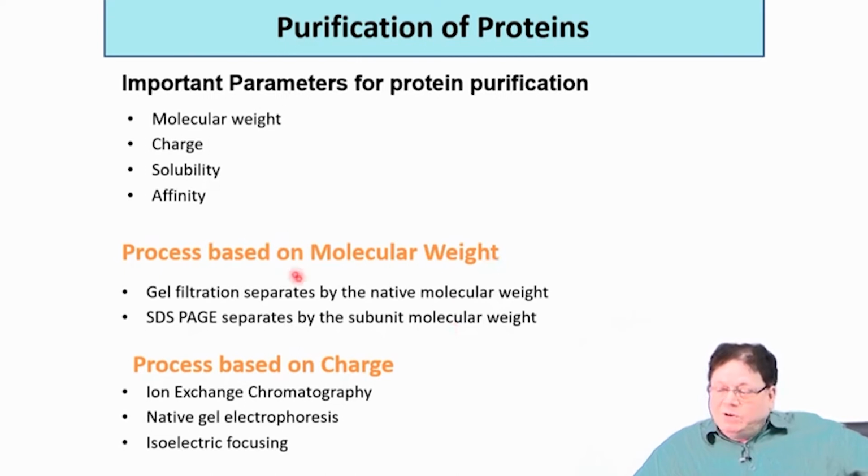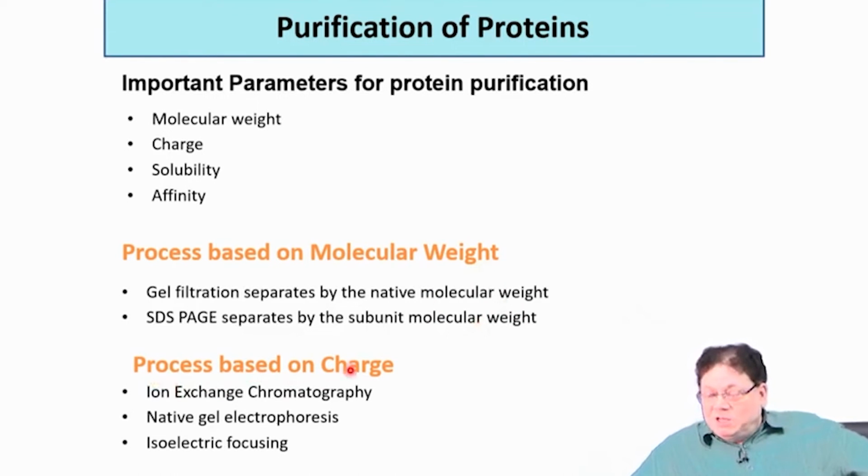Of course, there is an important point here: some proteins may be globular in shape, and some may be stretched in a linear direction, so the size may be different. A high molecular weight molecule may have a lower size than a low molecular weight molecule. We will come back to that.